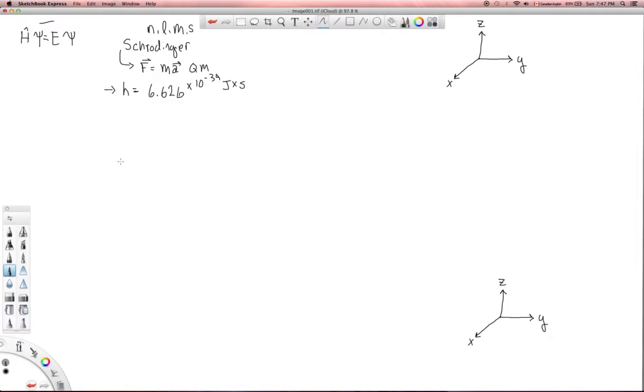That is to say that energy is quantized, so you can only have certain integer values of energy. You can have 1 times h, for example. You can have 2 packets of energy and 3, but you cannot have 1.5 h. You cannot have non-integers. That's simply not allowed.